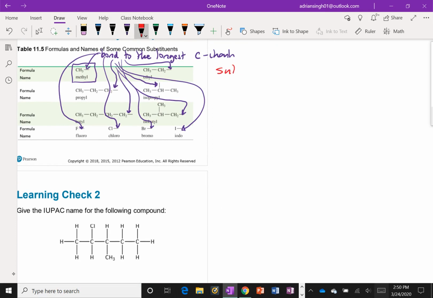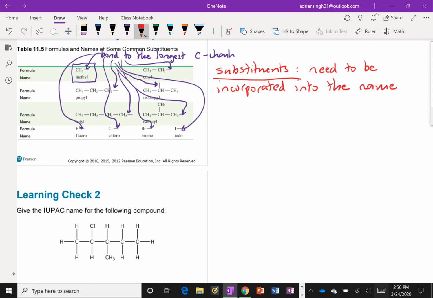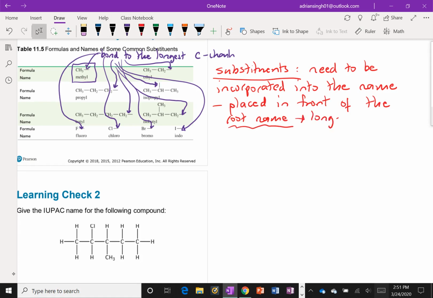The substituents need to be incorporated into the name, and they're going to be placed in front of the root name, and the root name, remember, is going to be the longest carbon chain.